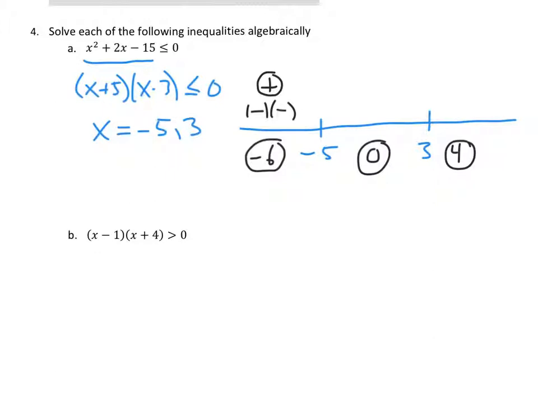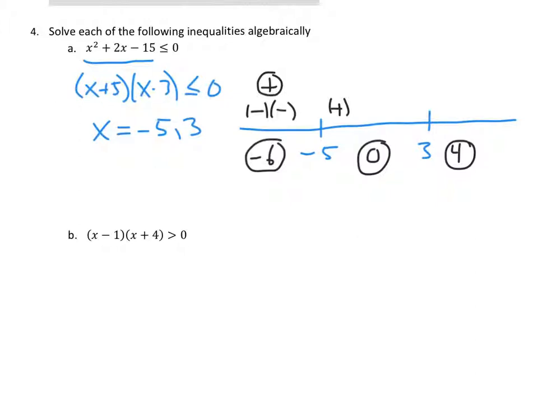Let's do the same thing with 0. Again, we'll plug 0 in for x here and there and see whether each one comes out positive or negative. So when we plug 0 into the left one, we get 0 plus 5. So that's 5, so that's positive. And when we plug it into the right one, we get 0 minus 3.